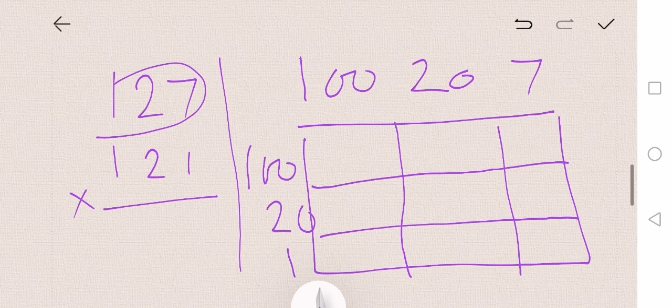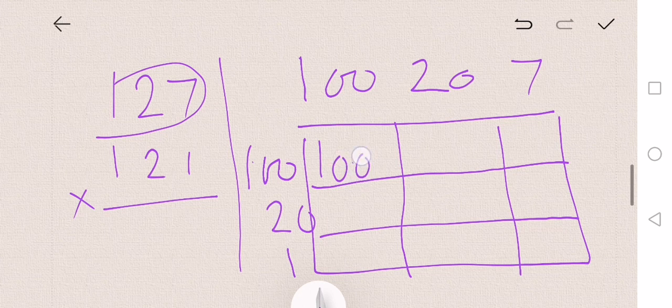So 100 times 100 is 10,000. 100 times 20 is 2 here, and then 3 zeros. That's 2000. Am I got it right? Oh no, that's not actually 1. See, I made a mistake too. So 100 times 100 is 1 there, and then 4 zeros.